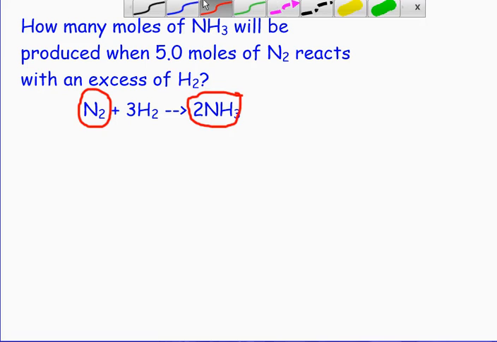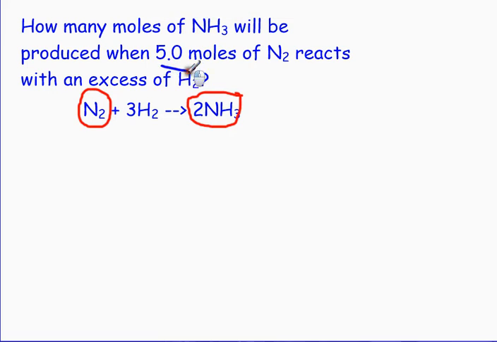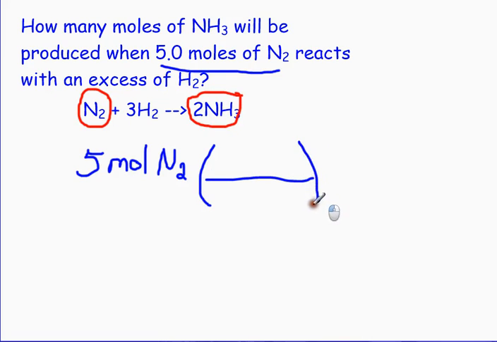So we're going to start with what we actually have, which is 5 moles of N2. So again, that goes out front. And then my parentheses and a line. Since I have moles of N2, I know I need to put moles of N2 on the bottom and that is going to go in the bottom with its subscript, which is 1.